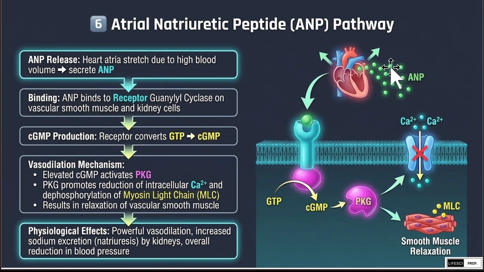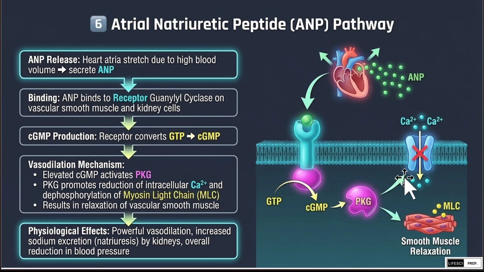Here, the heart atria stretch due to high blood volume, and due to that, ANP is secreted. ANP binds to the receptors, guanylyl cyclase, that are present on smooth muscles or kidney cells, that stimulate GTP to form cGMP, and this cGMP activates PKG, protein kinase G, and this protein kinase G acts on calcium channel and also on smooth muscle relaxation.